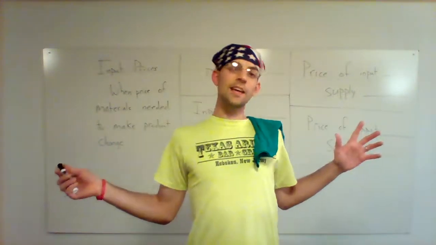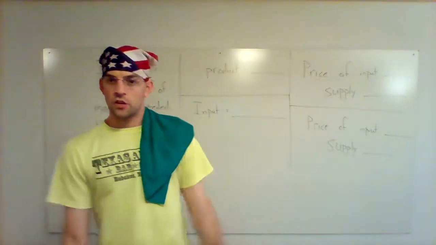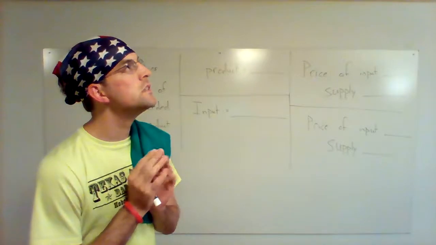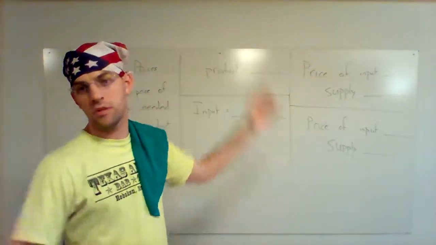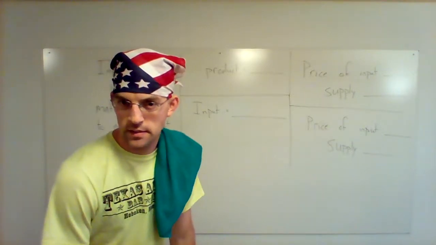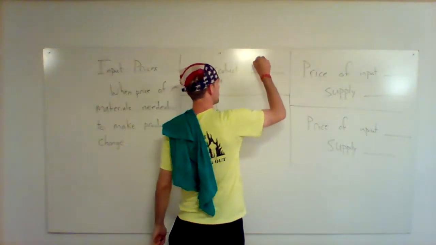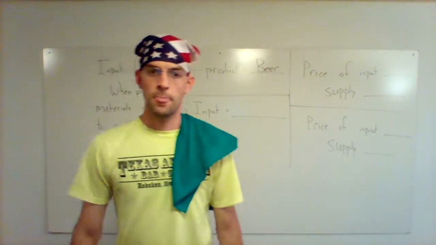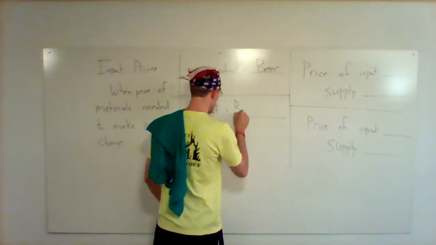So let's see if we can think of a product here. I've got to pick something crafty. Beer. Let's choose beer. Beer is our product. What do you need to make beer? You need barley.